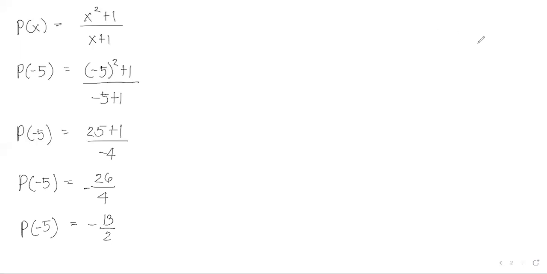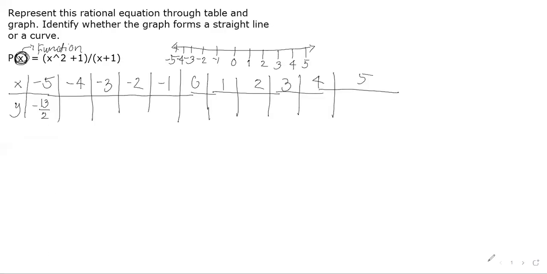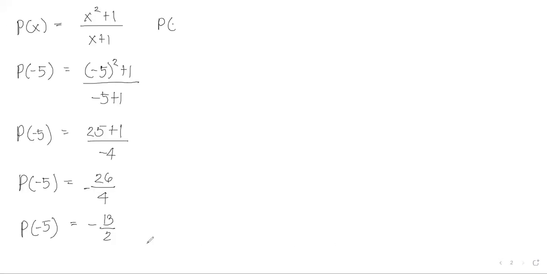Negative 4 tayo. And P of negative 4 is equal to negative 4 squared plus 1 over negative 4 plus 1.